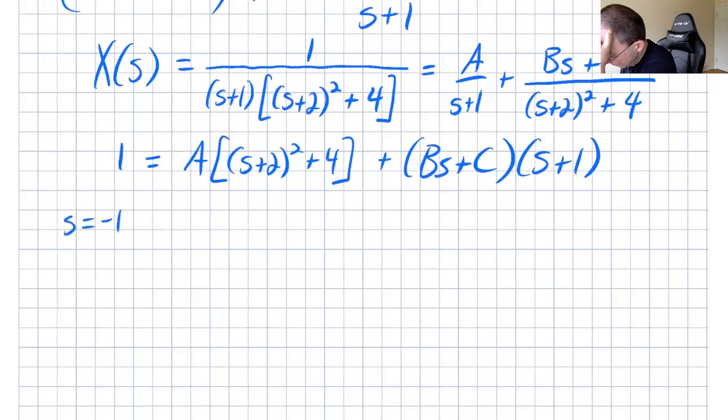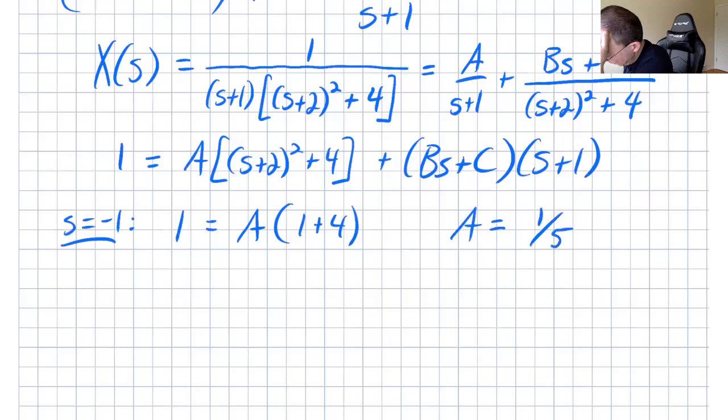We can do that by substituting s equals -1, and that will make this term 0. So we get 1 is equal to A times, oh no, we have 1 squared, which is 1, plus 4. So that means that A is equal to 1 over 5.